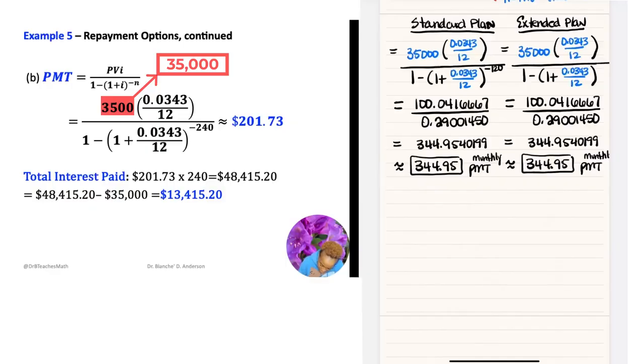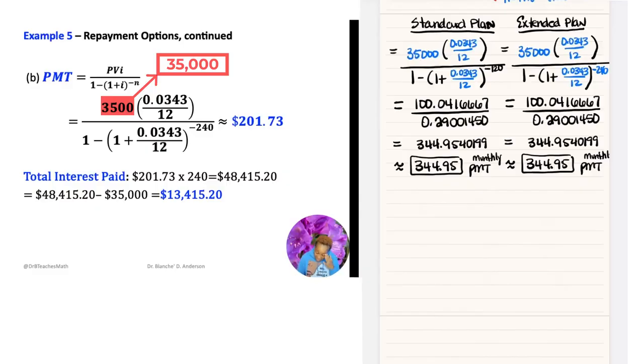But I'm going to put minus 240. Does that look like minus 240? It does not. Make room. There we go. Minus 240. Boom. All right.